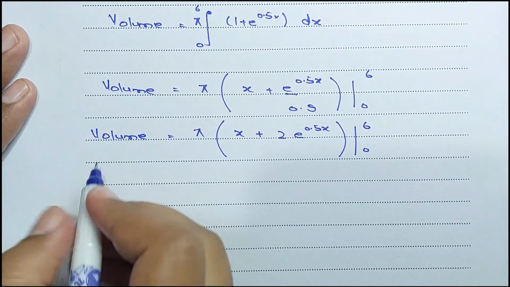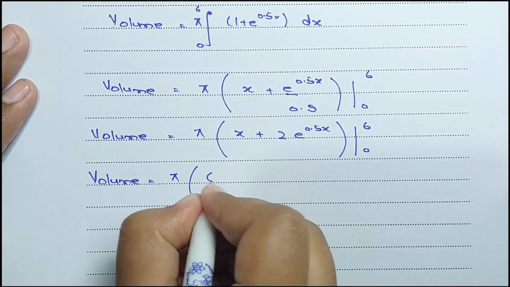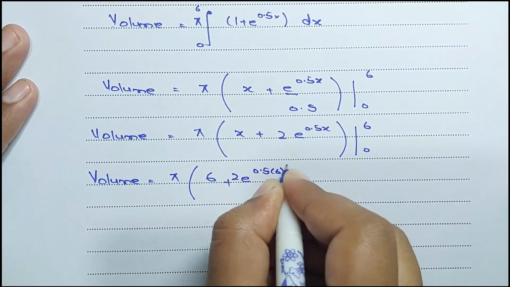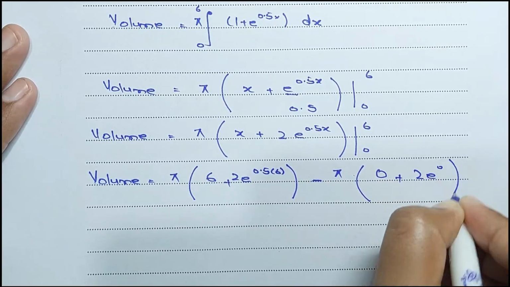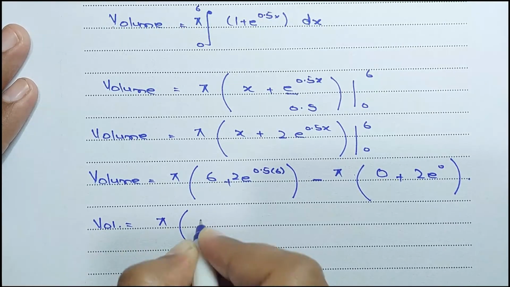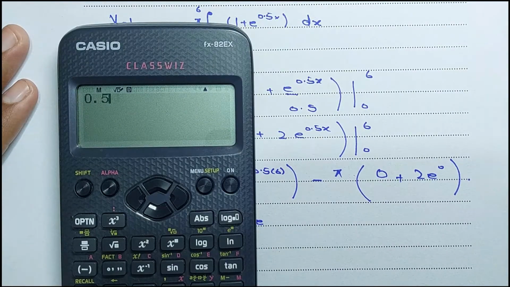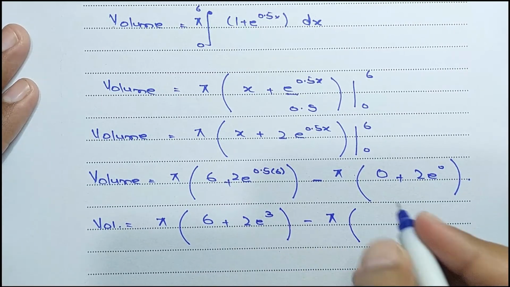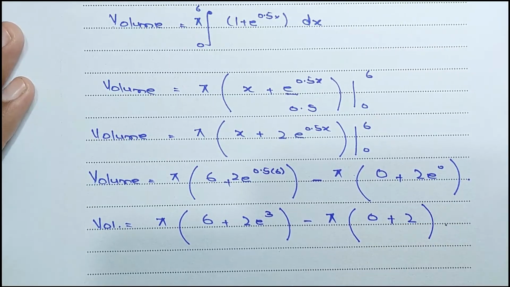Let me simplify this. Volume is pi, the upper limit is 6 plus 2e to the power 0.5 into 6, minus pi, the lower limit is 0 plus 2e to the power 0. So this volume is pi times 6 plus 2e to the power 0.5 times 6, which is 3, e cube, minus pi, this is 0 plus e power 0 is 1, 0 plus 2 is 2.